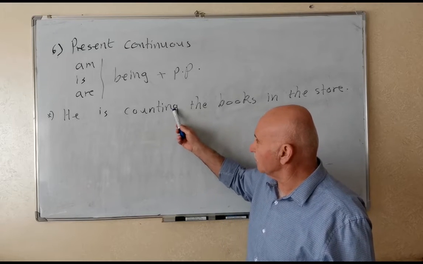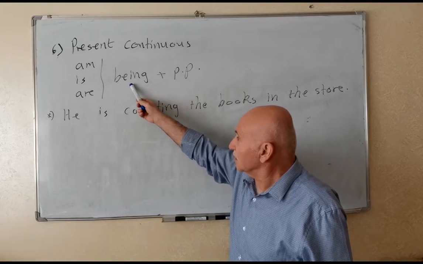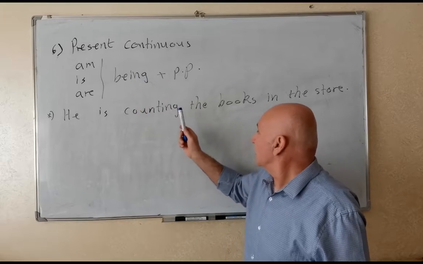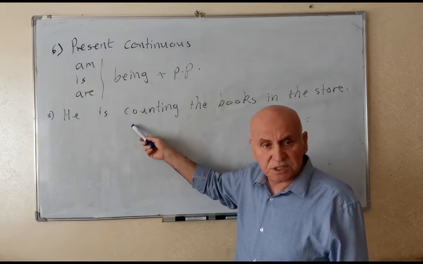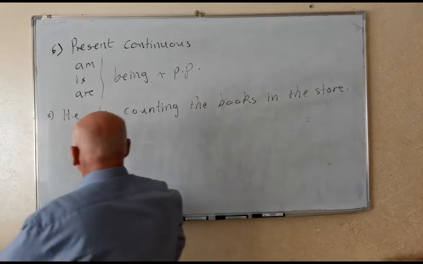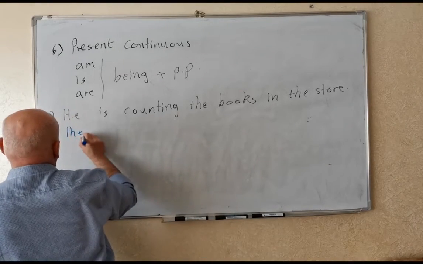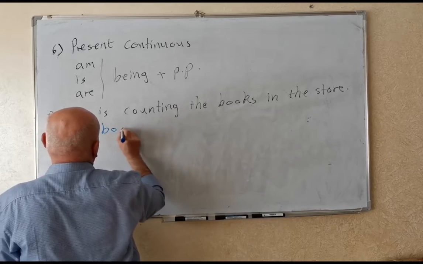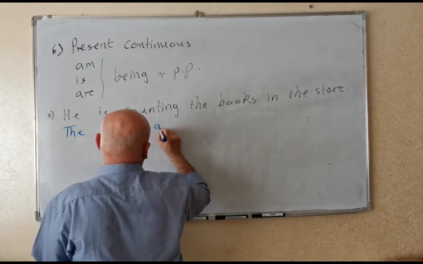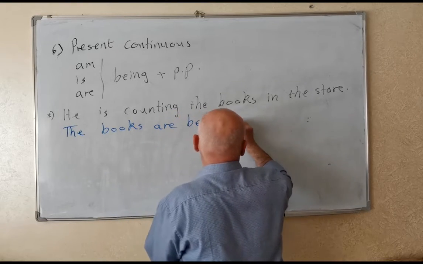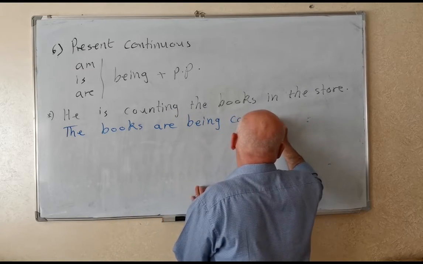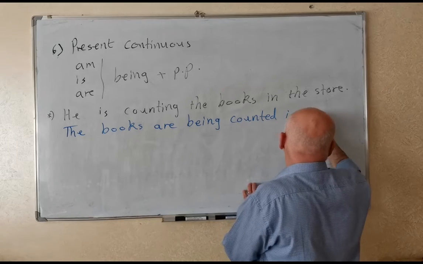For the ing form, as I have said, I use being. Again, the books are being counted in the store.